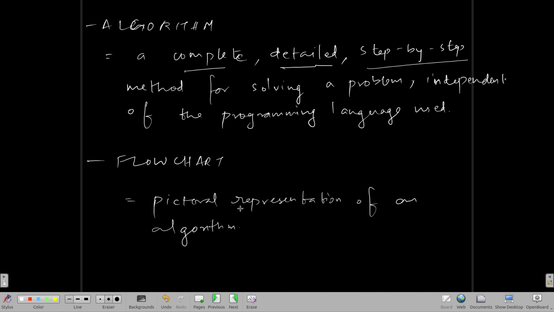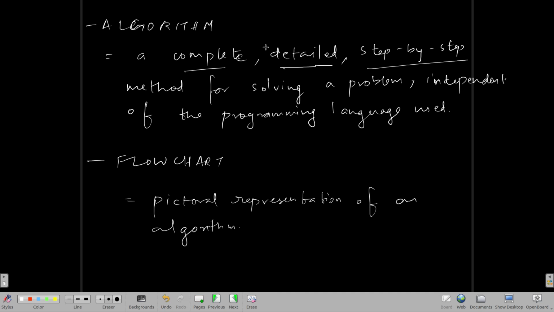Once you have an algorithm or flowchart in your mind, or once you have penned it down, you can develop the program from there. It need not be like you have to first develop the algorithm and then go to the flowchart, or first develop the flowchart and then write the algorithm. It depends on the type of problem, and also the individual. Some people may be comfortable with the flowchart, and some people may be comfortable with an algorithm.